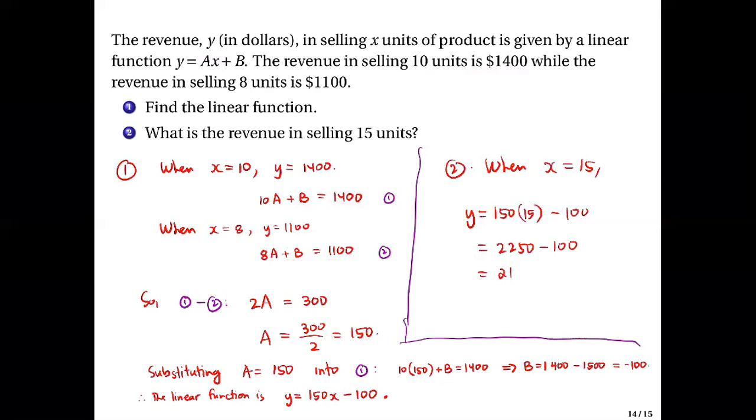So 2,150. Okay? Which means that the revenue in selling 15 units is $2,150. Okay? Questions?